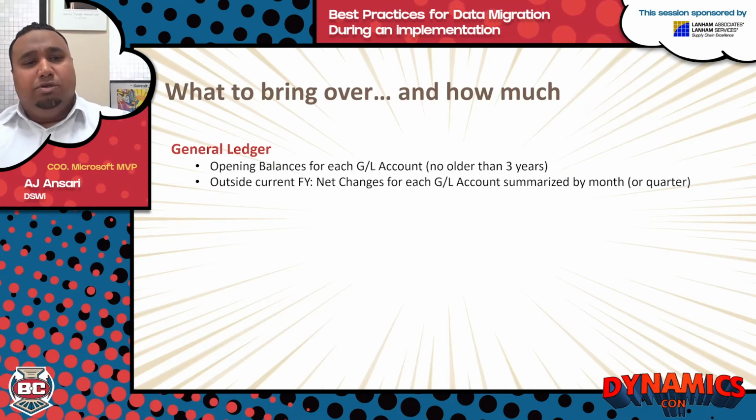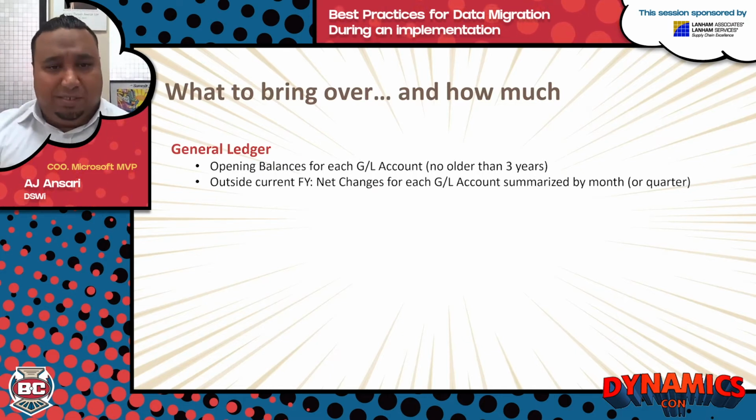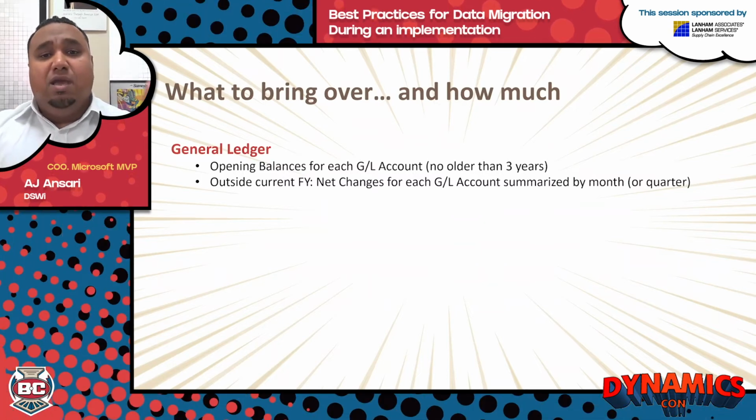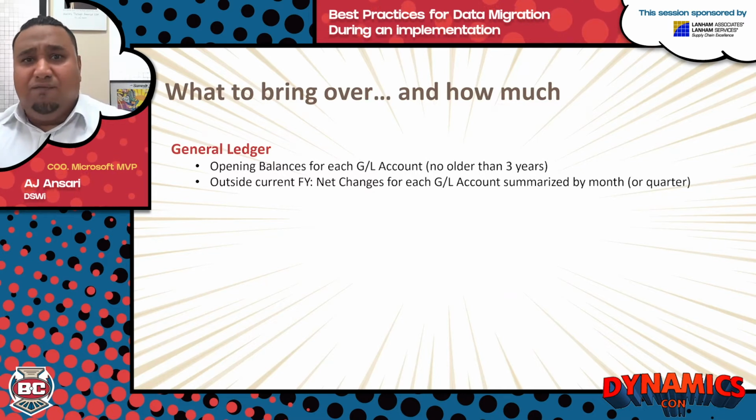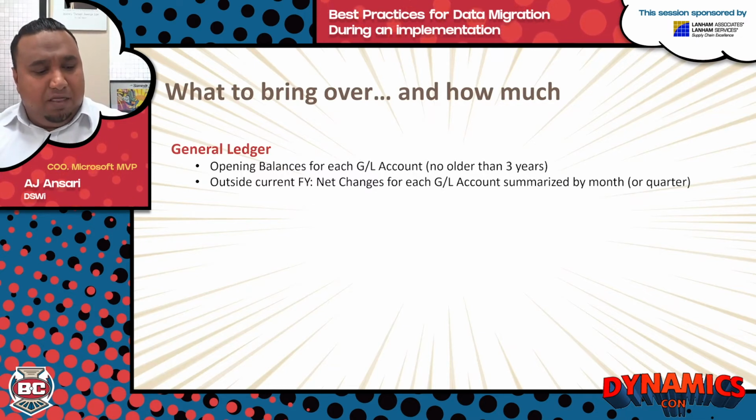And then, outside of the current fiscal year, best practice is that you're bringing in only net changes for each of those general ledger accounts summarized by month. Quarter, if you're willing to do it, but by month, fine, I get it. This will at least give you month by month a layering of what's happened.